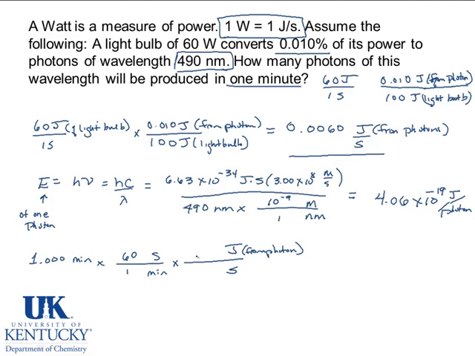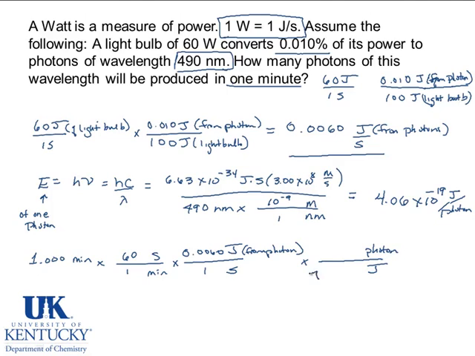So I want to put 0.006 here and a 1 there. Now I know at this point the total joules being generated by all the photons at 490 nanometers. But what I really want to know is the number of photons. So I'm going to go from the joules from all the photons to how many photons I have.